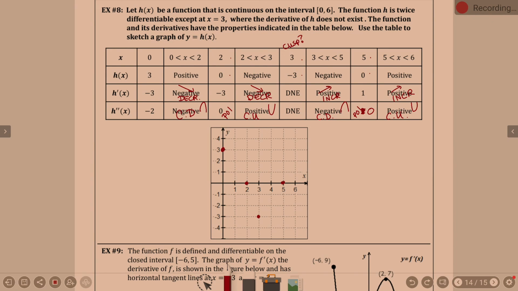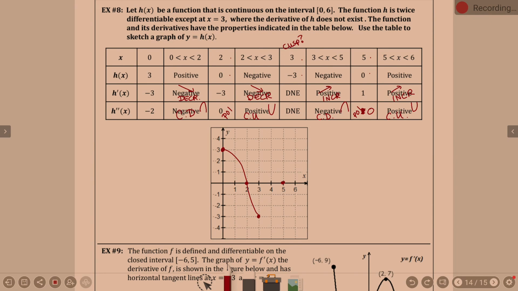Okay, so from my first point to my second point, my graph is decreasing and concave down. So something like that. From 2 to 3, my graph is still decreasing, but this time it's concave up. There's a slight change there, I promise.